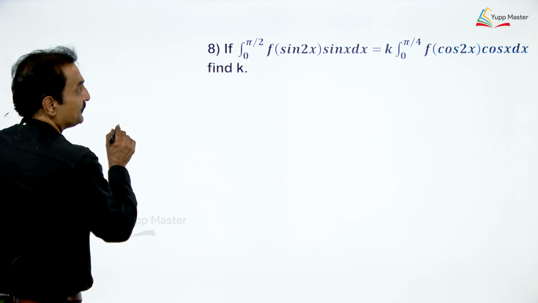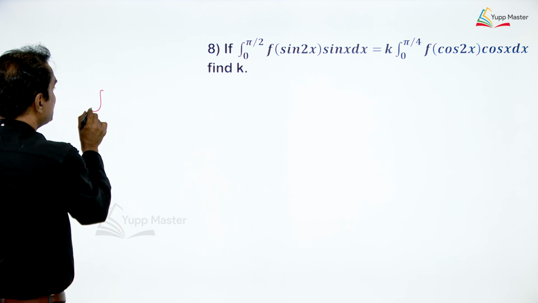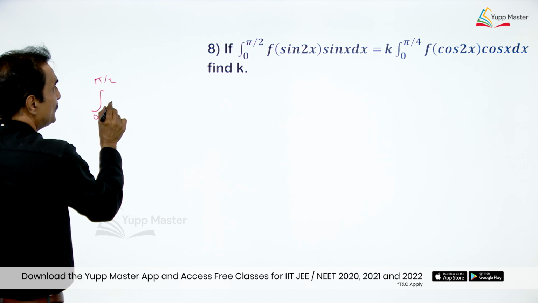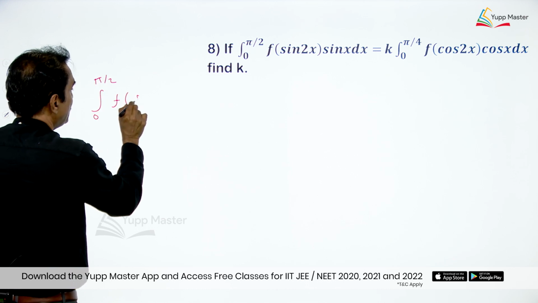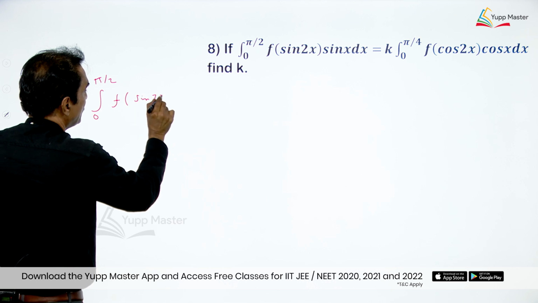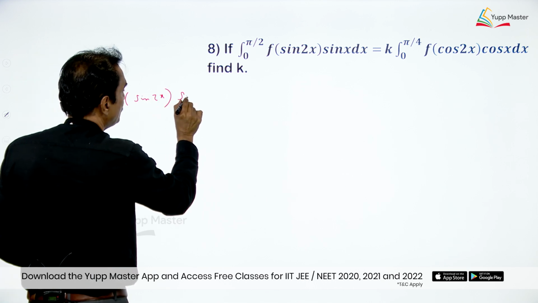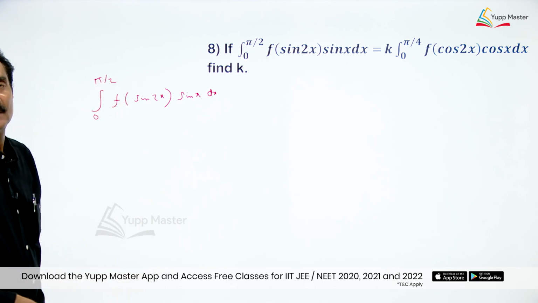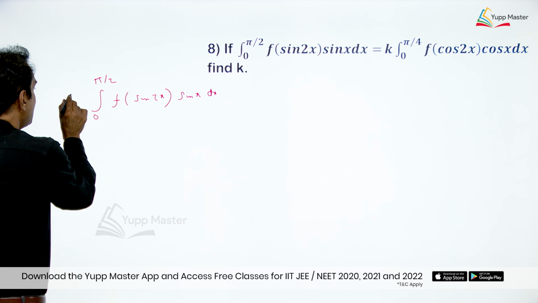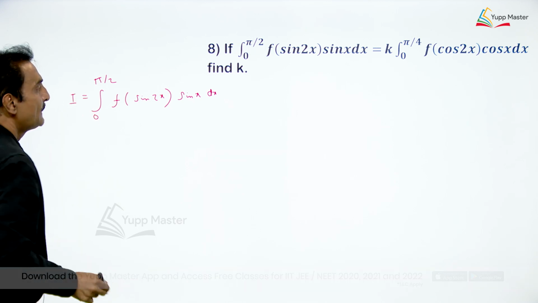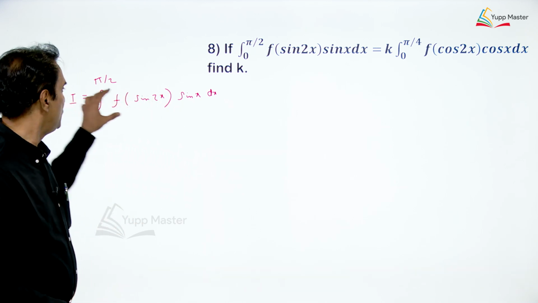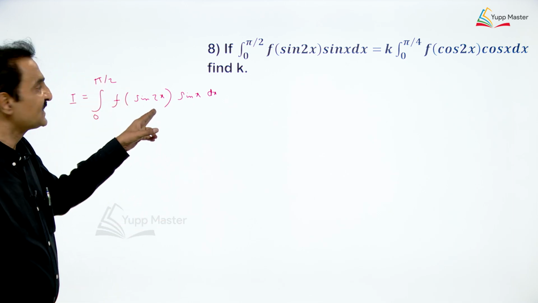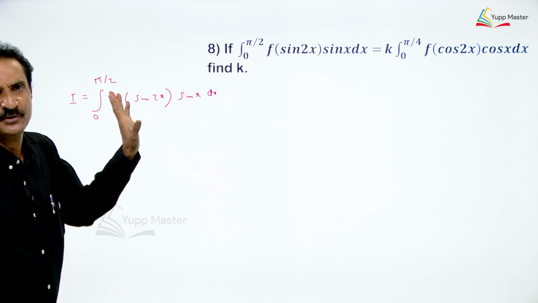Let us take the left hand side integral, integral 0 to pi by 2 f of sin 2x into sin x dx. Let us denote it by I. Whenever limits are 0 to a, we have to apply that property. You can replace x by pi by 2 minus x. Immediately you should try.